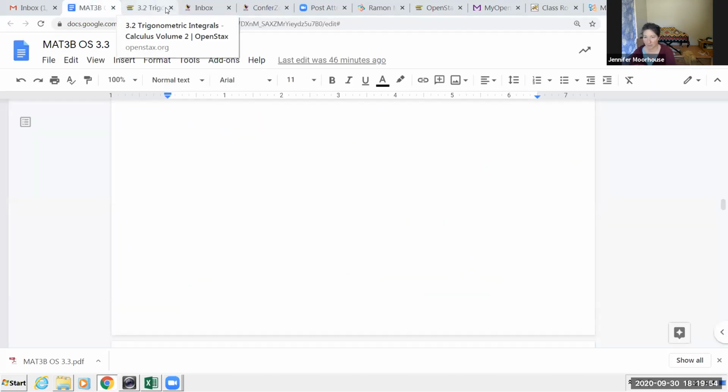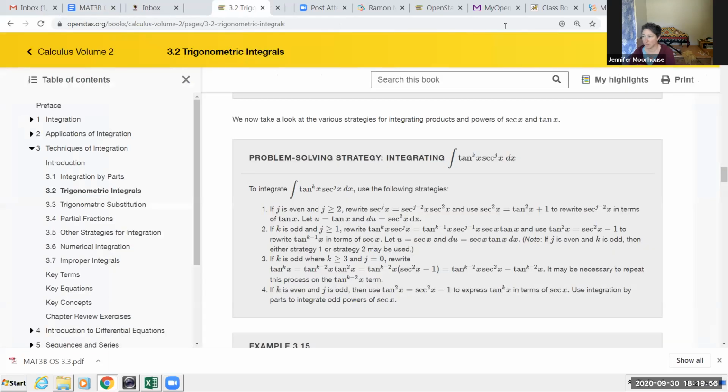Whoops, hold on. Move this over here where we're looking so I can find it. Okay, so if k is even and j is odd, then use tan squared equals secant squared minus 1 to write tangent in terms of secant. Use integration by parts to integrate odd powers of secant.